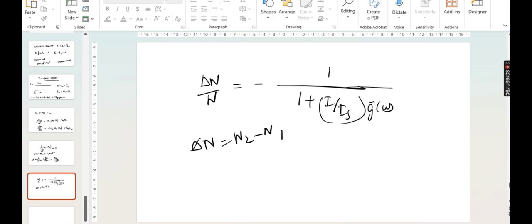When I is equal to Is, delta n becomes a function of I, and basically I equals Is when delta n is equal to half, which is the corresponding intensity.